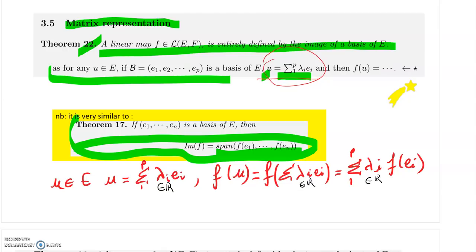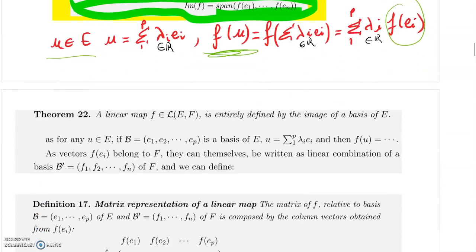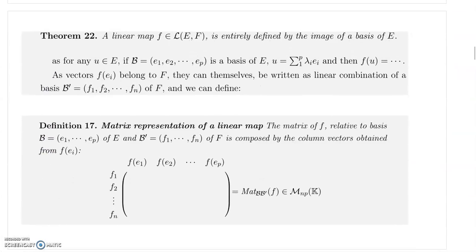So if I know the image of the basis elements F of EI, I know the image of any element U in E. Okay, so that is why we can say that a map is entirely defined by the image of a basis of its domain. All right, so that was theorem 22.